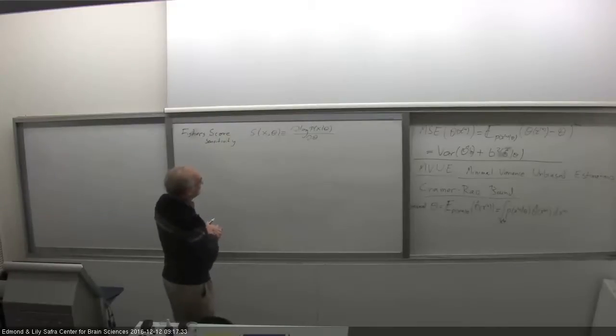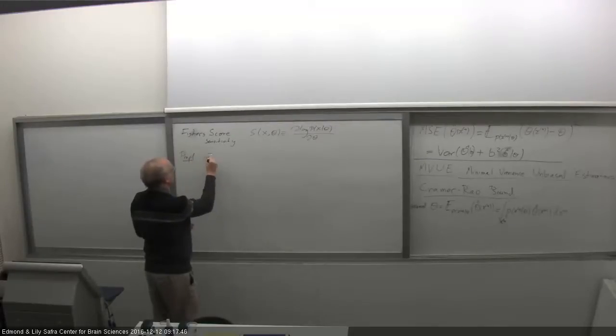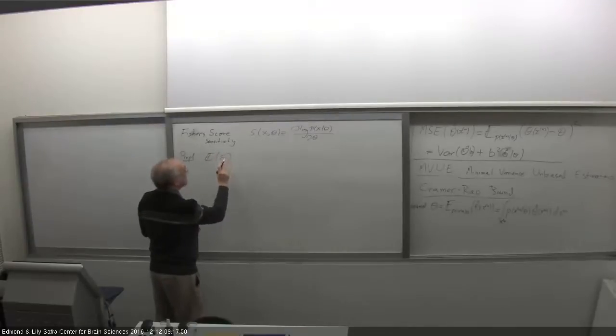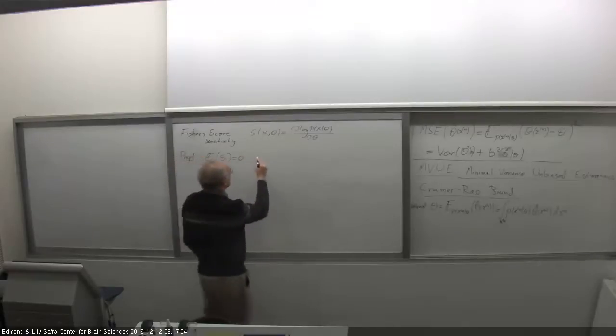Now, the first thing we can say about this score is claim 1, or lemma 1, which is trivial: the expectation of the score for any x is 0. Why is it trivial?